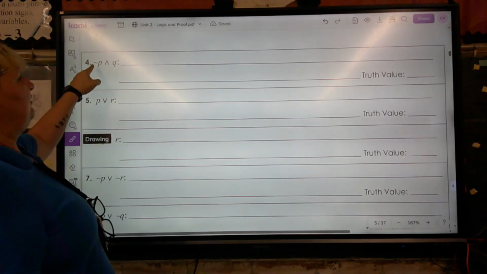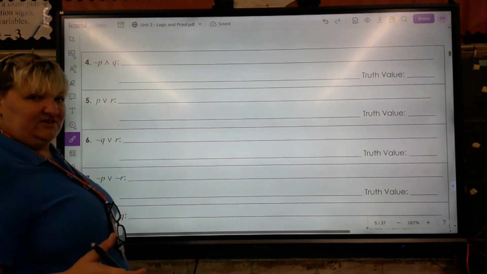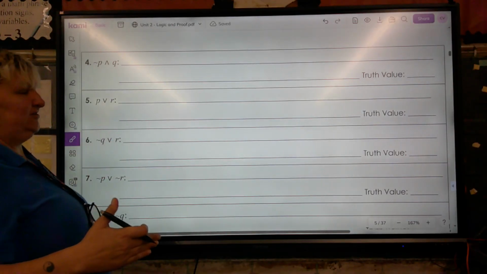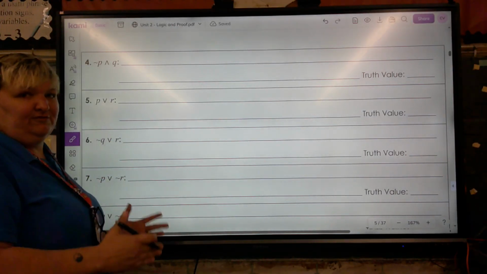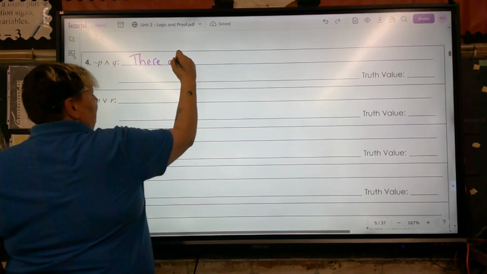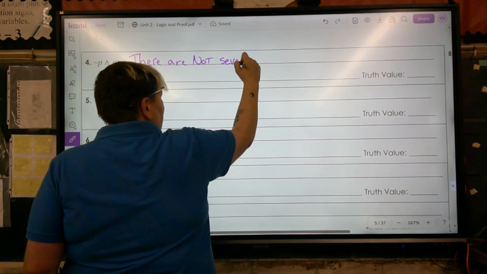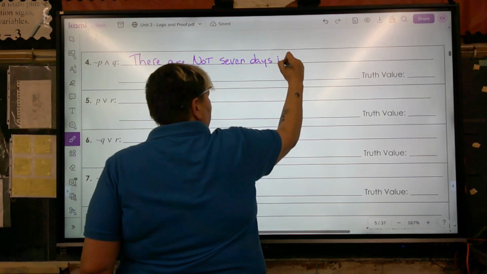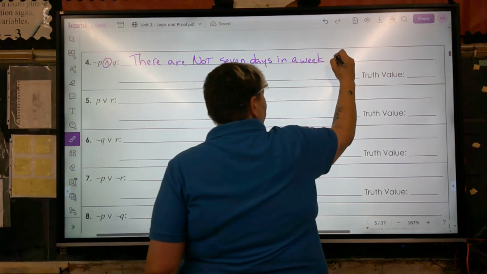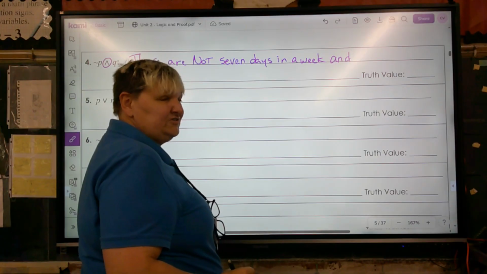Alright, now we're looking at the negation of P. So P is there are 7 days in a week. The negation is there are not 7 days in a week. We're just going to include the negative version, right? So there are not 7 days in a week, and what was Q?